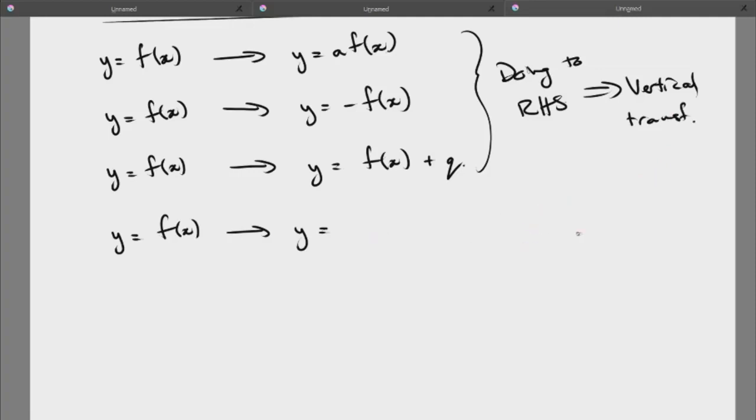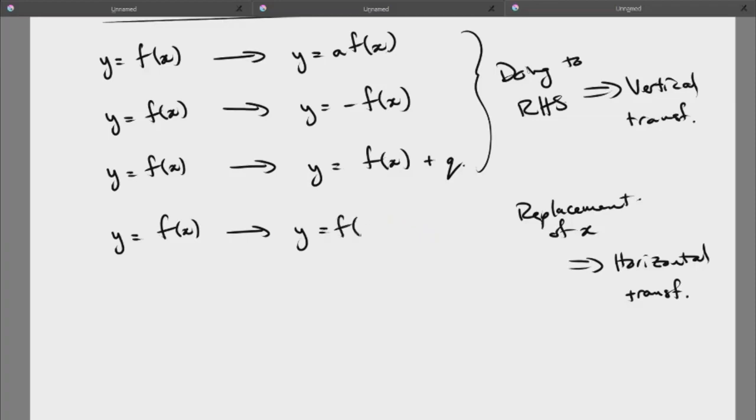The last one was replacement of x, and that results in a horizontal transformation. Oops, that was not very well written. What did I replace x by? The reason we did it is because now we're using it.